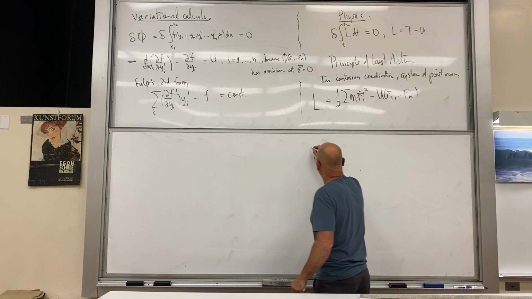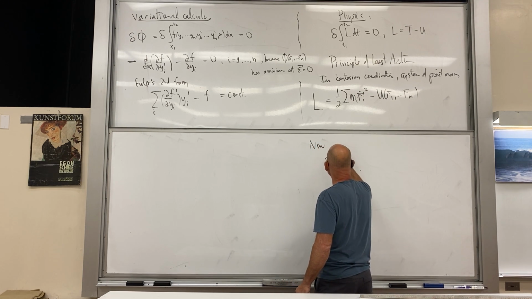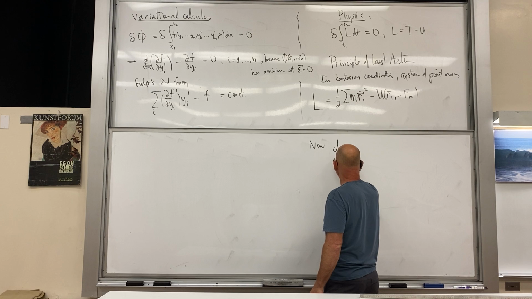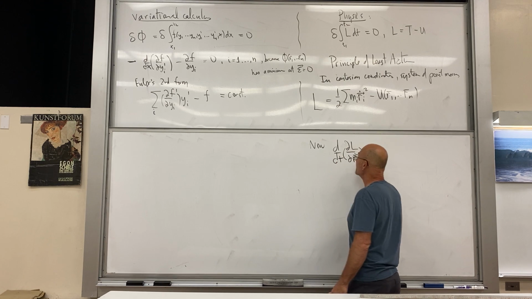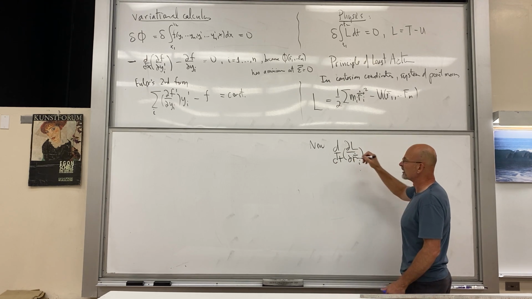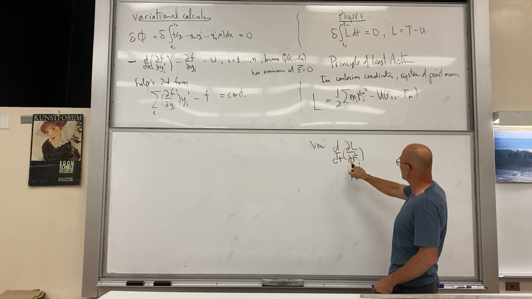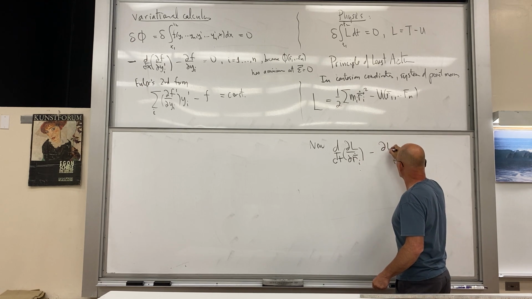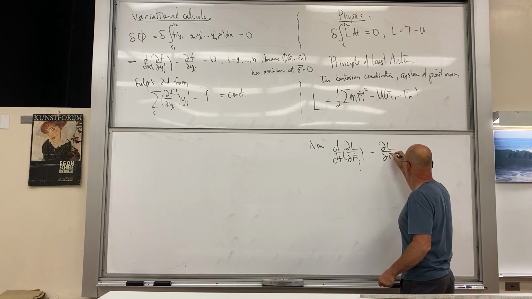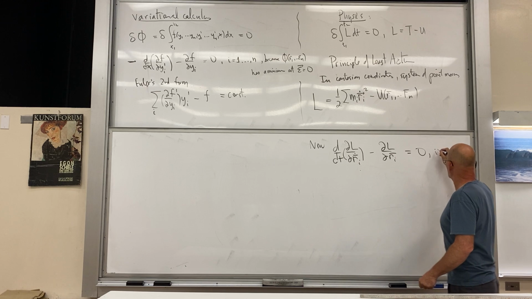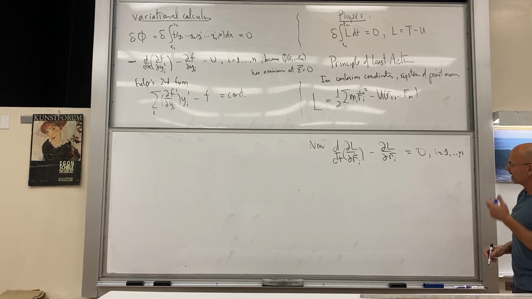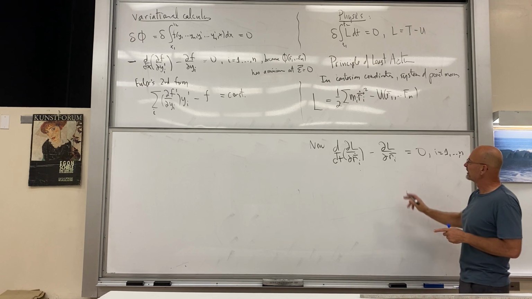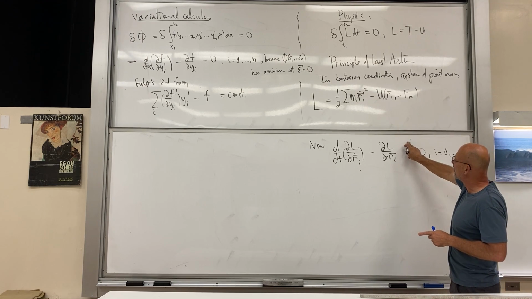Okay, so now d/dt of partial L partial r sub i dot, that's the translation, right, minus partial L partial r sub i equals 0, i equals 1 to n. And does that turn into Newton's law?